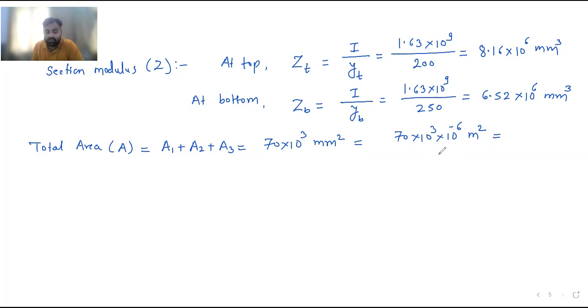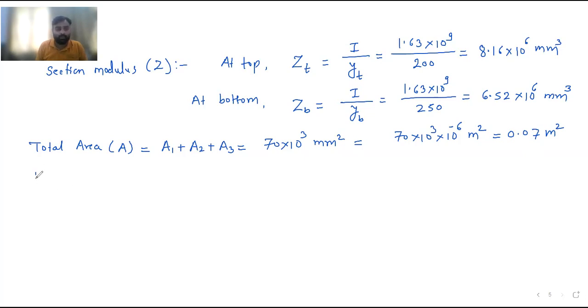So how much is it? It is 0.07 meter square. This is the area in meter square.